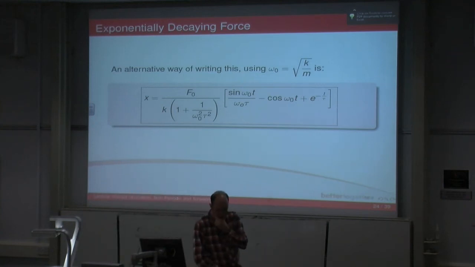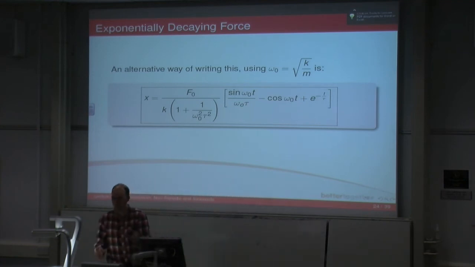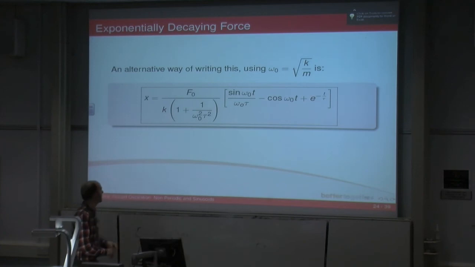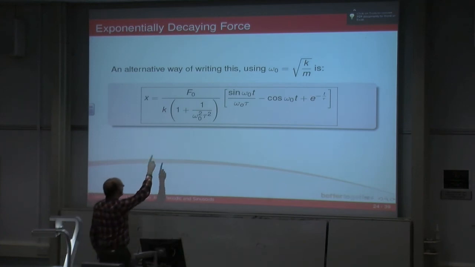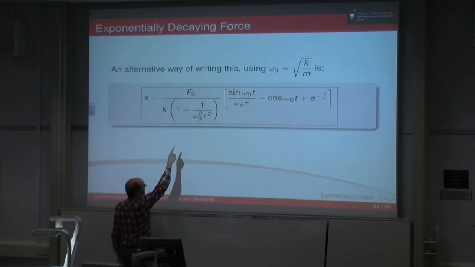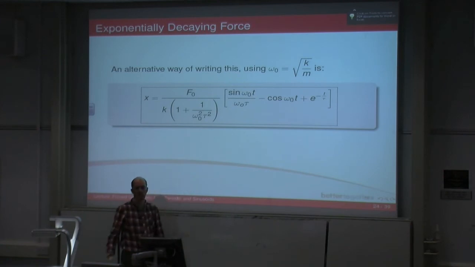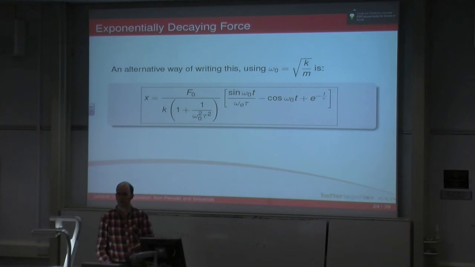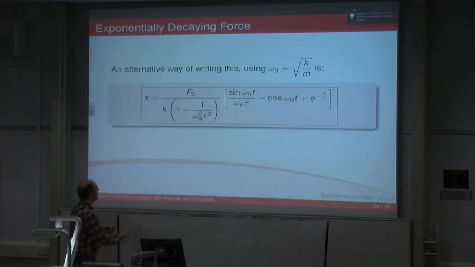Notice the interesting thing about this. What happens when tau becomes so large that the decay time is very slow? Well, if you think about it, you've got F0 upon 1 plus 1 over something approaching infinity. Anything 1 over something approaching infinity becomes 0. So we have F0 upon k times 1.